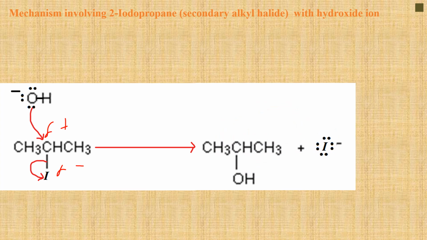This is the first step. Is there any other second step? No. Because the substitution is over, this is the only step we have for the SN2 mechanism. And because there are two chemical species involved in this only step, it is the SN2 mechanism.